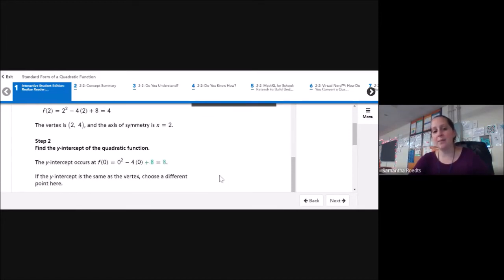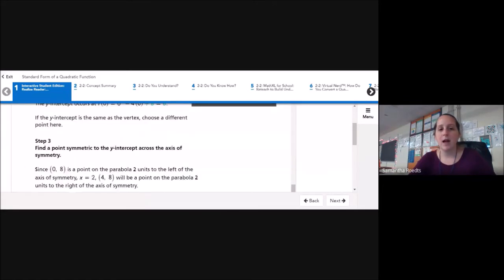I find the y-intercept of the quadratic function. So the y-intercept occurs at f of 0 equals 0 squared minus 4 times 0 plus 8, so at 8. If the y-intercept is the same as the vertex, choose a different point. I want to find a point symmetric to the y-intercept across the axis of symmetry.